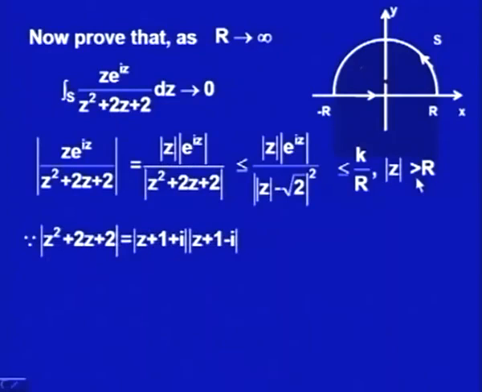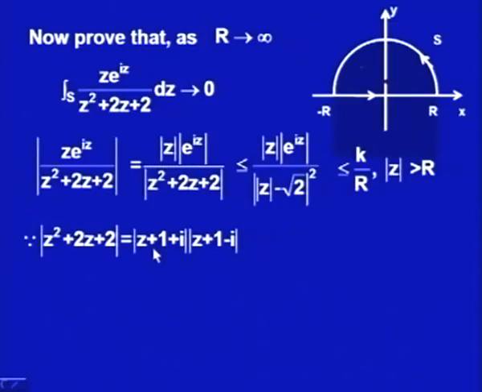Now let us see how we got the denominator. This is the explanation. z squared plus 2z plus 2 we can write as z plus 1 plus i into z plus 1 minus i. The mod of x into y is mod of x into mod of y. Now I take z as x and 1 plus i as y.